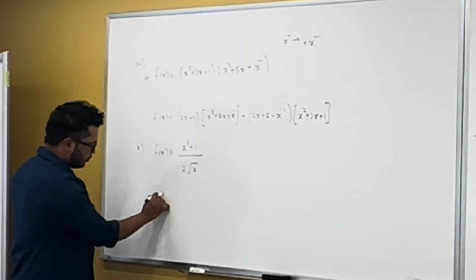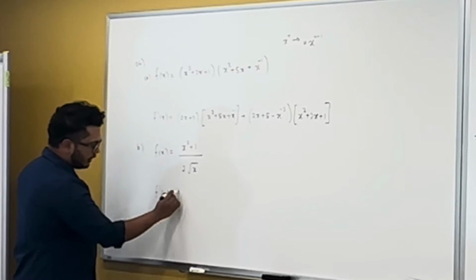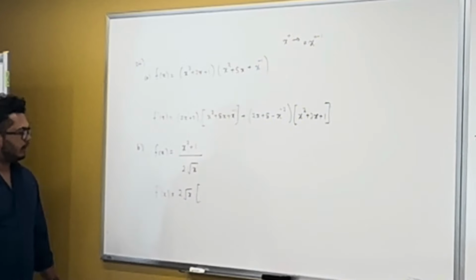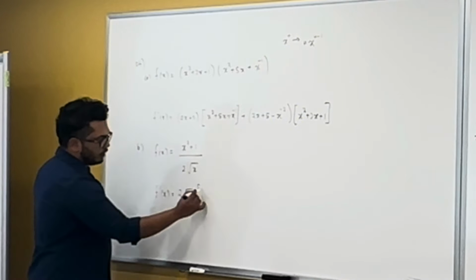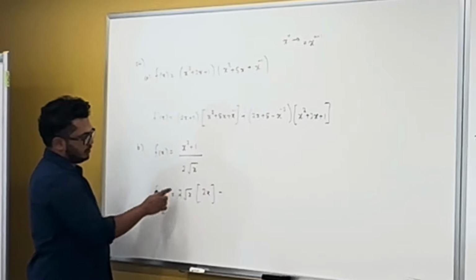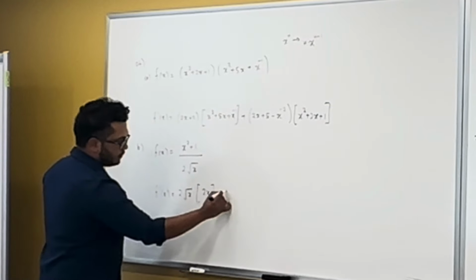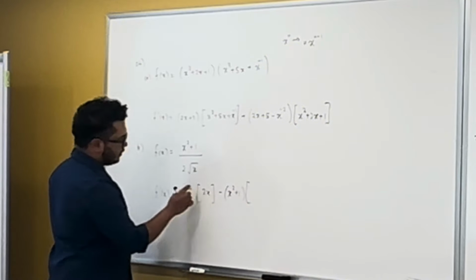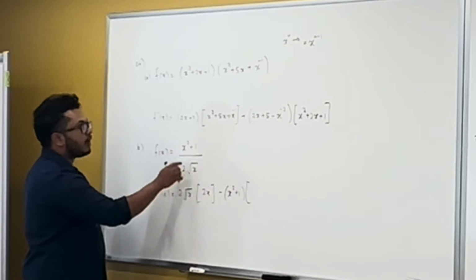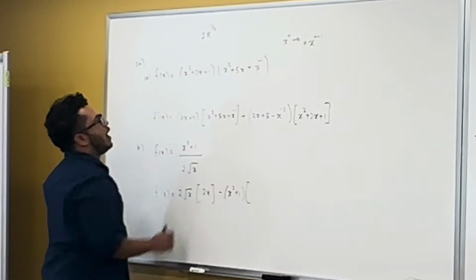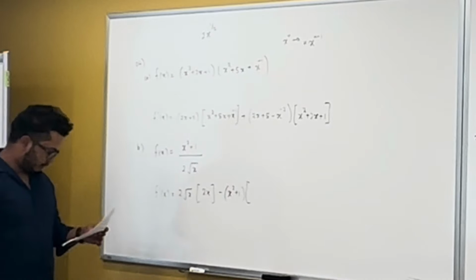When you use the quotient rule, you write the denominator and take the derivative of the numerator, minus, write the numerator and take the derivative of the denominator. This is actually 2 times x to the power half, square root of x.